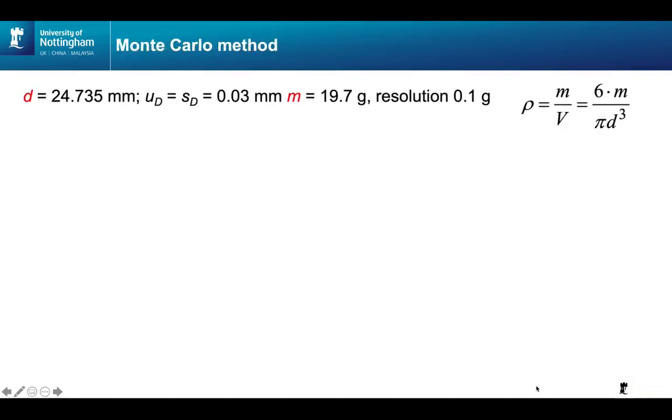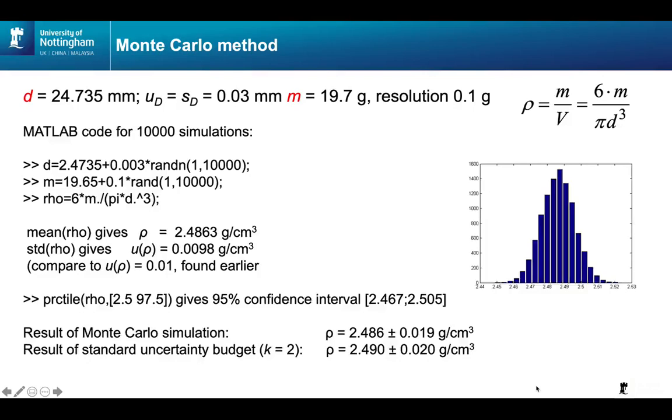Okay, we can also apply the Monte Carlo method to this approach. And again, I've summarized the values that we would use for the measurands and the uncertainties, and the model equation at the top there. So let's look at how we would set up a MATLAB code. It's very easy. So we can model the diameter, and randn gives us a rectangular distribution.